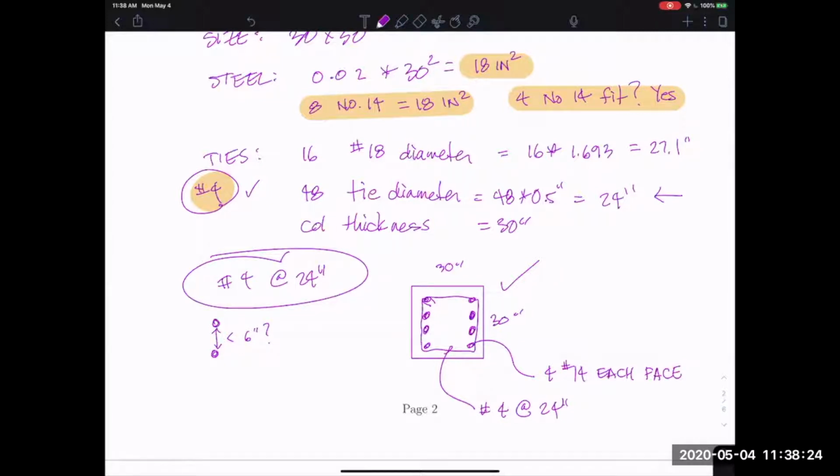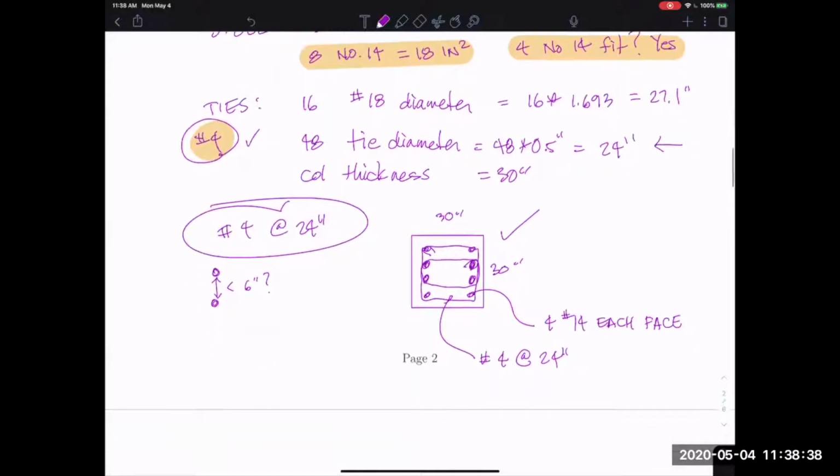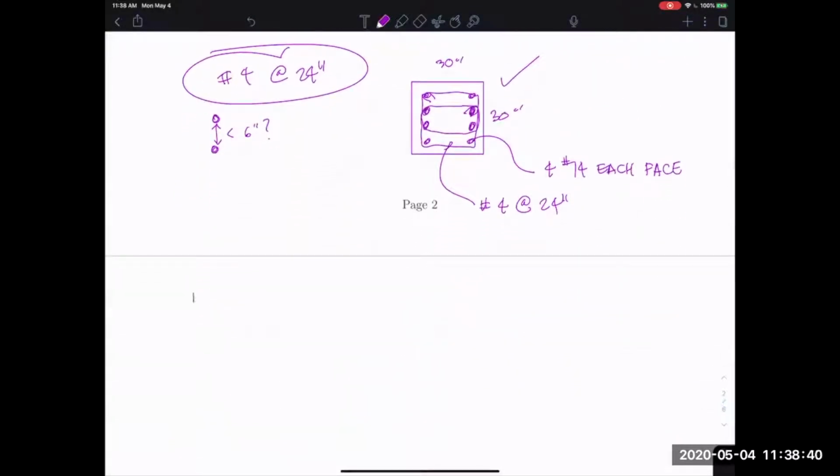The last thing we need to check is if the space between the bars is greater than 6 inches, you need to put an extra hoop like this. So let's figure that out. Is the space between the bars greater than 6 inches? So let's blow up the picture of the corner of the column. So you have this, it kind of looks like that.